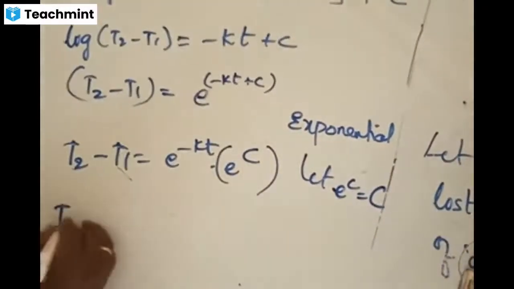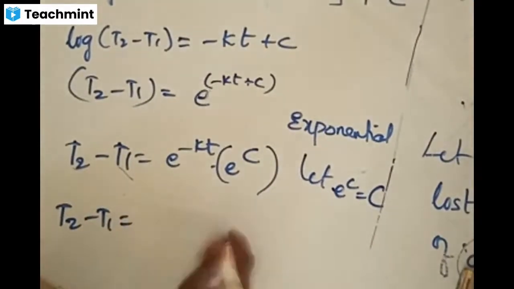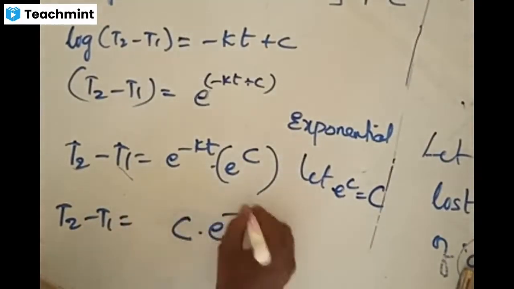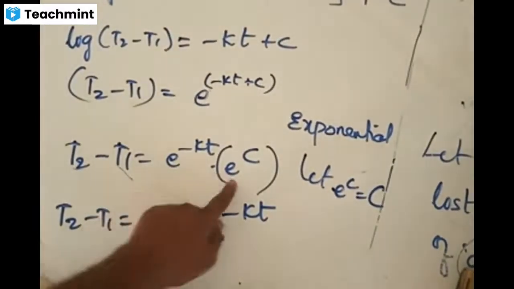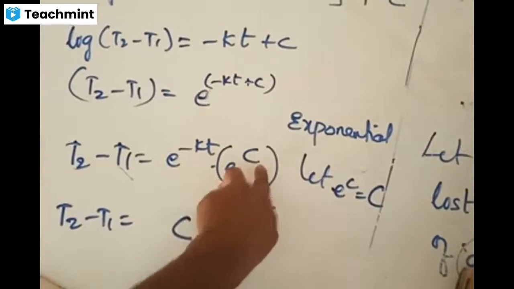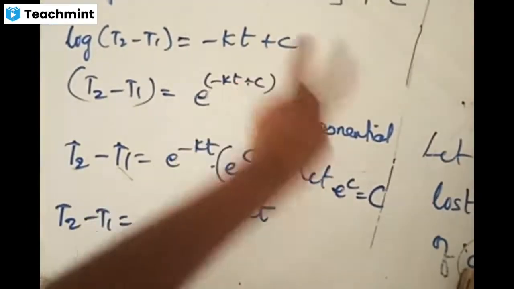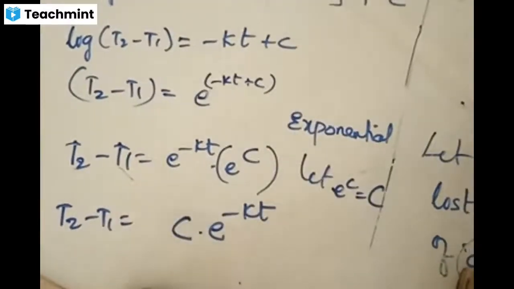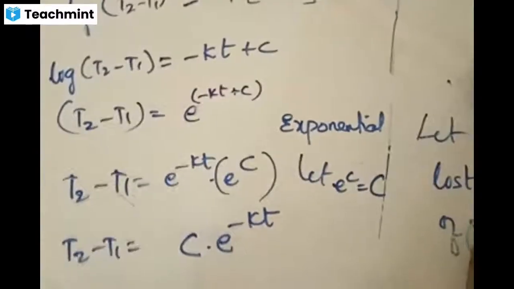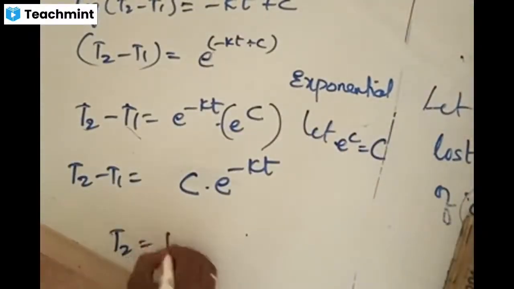That is, T2 minus T1 is equal to capital C into e to the power of minus kt. I am just replacing e to the power of small c with some constant value, which takes the form of capital C. Small k and capital K are used. Small c and capital C are also used in this equation. This is the final equation for temperature, the variation of temperature T2 related to T1.